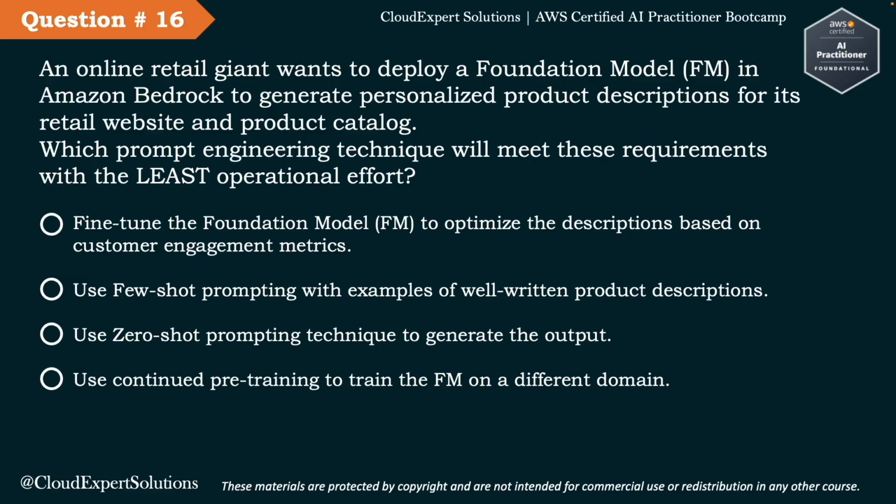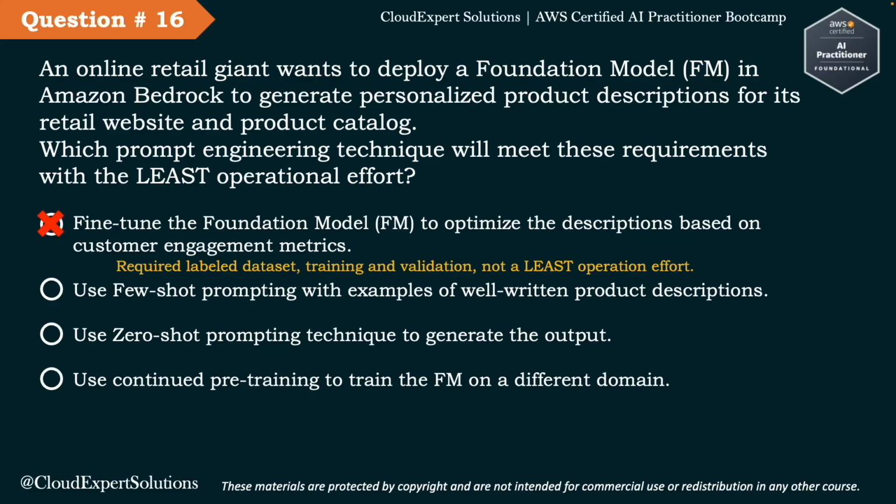Now let's review one by one. Option number 1, fine-tune the foundation model to optimize the descriptions based on customer engagement metrics. Fine-tuning requires preparing labeled dataset, training and validation, which involves significant operational overhead. That is why this is not the correct option.